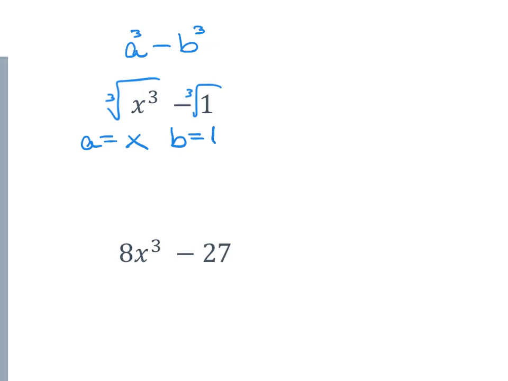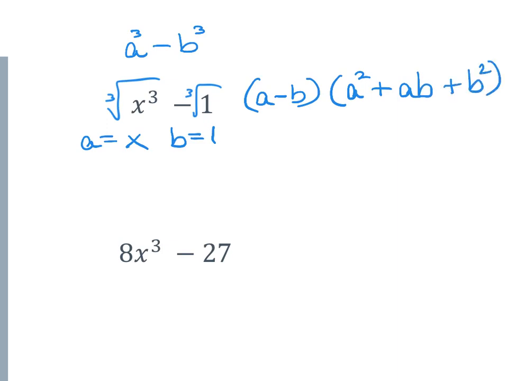Now I'm going to put it into the pattern. Remember, the pattern is A minus B, same sign as the original problem, and then A squared, opposite sign, A times B, plus B squared. So, same sign, opposite sign, always positive. Let's fill it in.